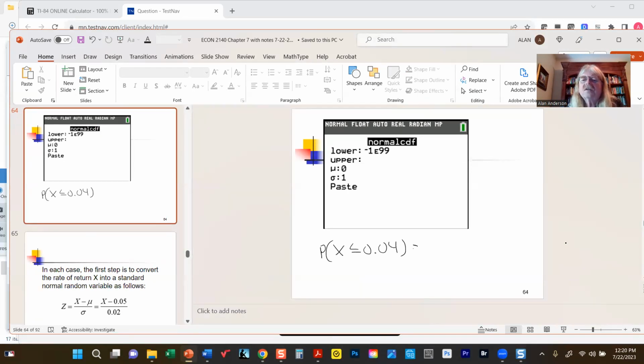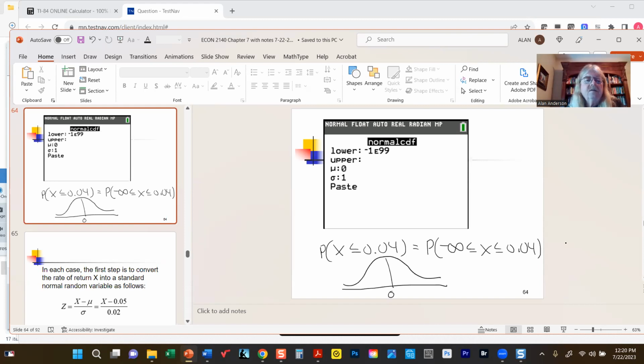So this is equivalent to saying X is between 4 and negative infinity. So remember, the mean was 5. And so 4% would be about here. And that's everything from that point down to negative infinity.